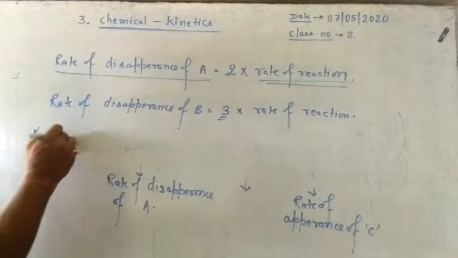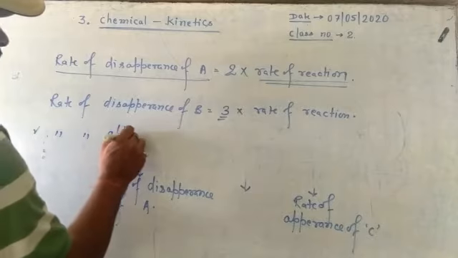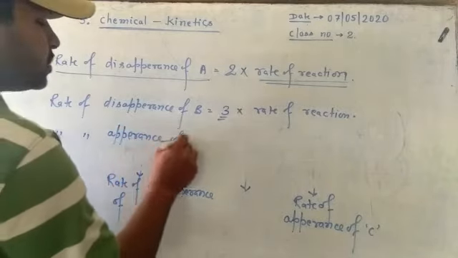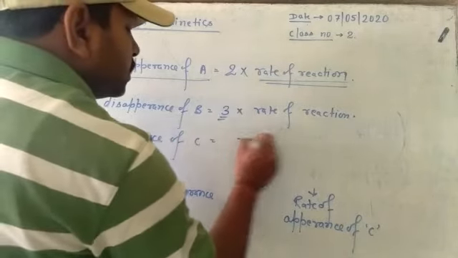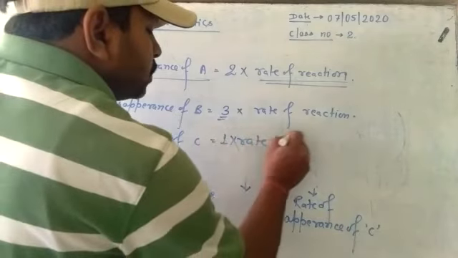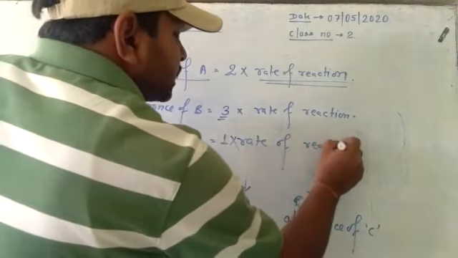Now students, the rate of appearance of C equals 1 into rate of reaction.